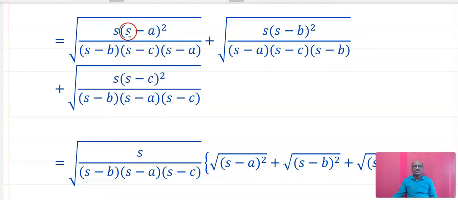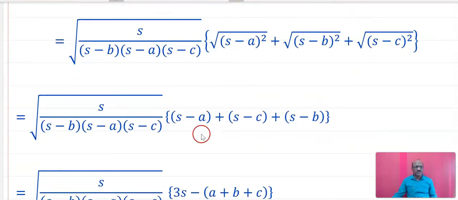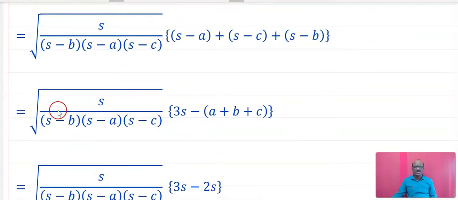What remains is the root of (s minus a) bracket square plus the root of (s minus b) bracket square plus the root of (s minus c) bracket square. Square and root get cancelled, and you get the root of s upon (s minus a)(s minus b)(s minus c).